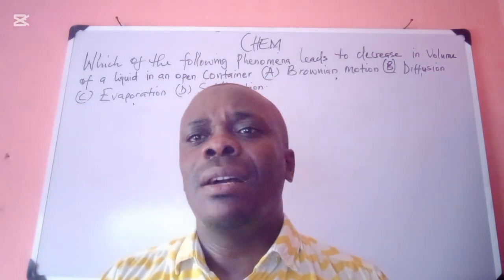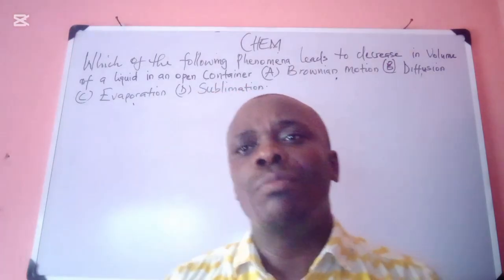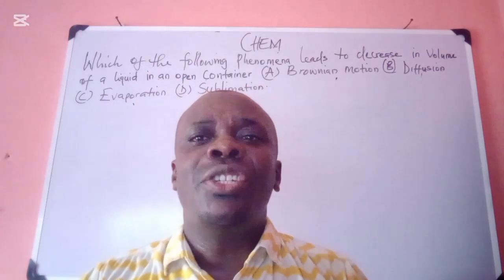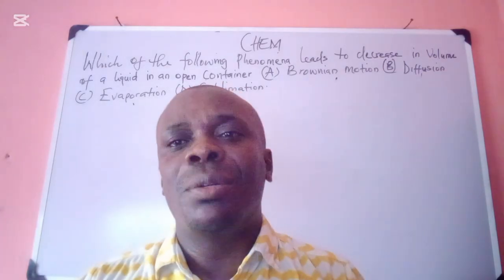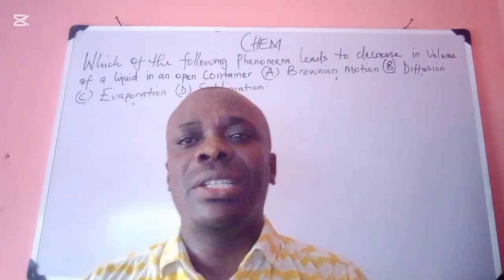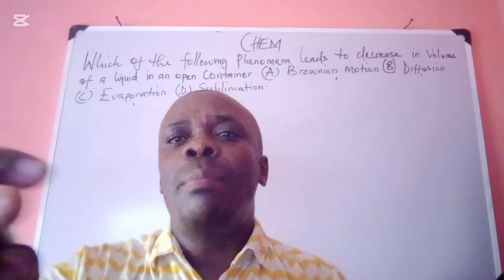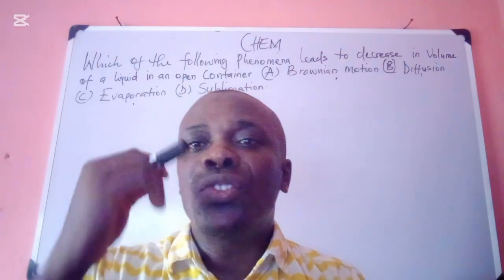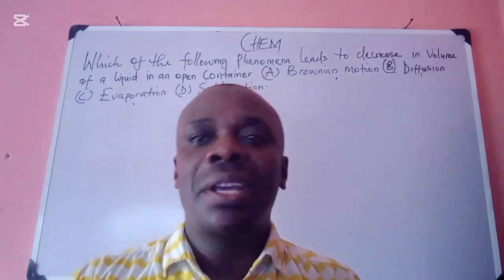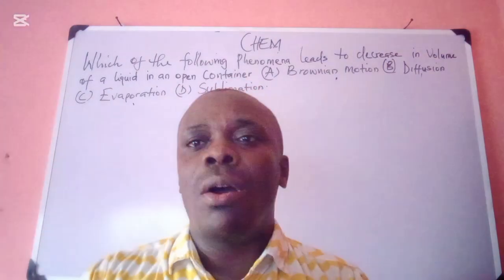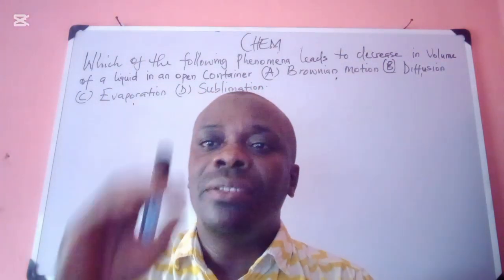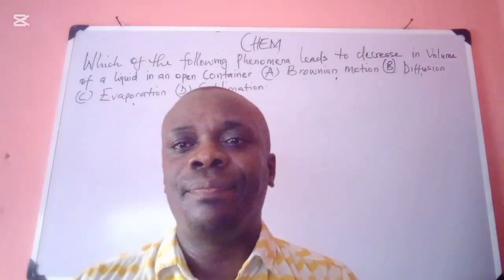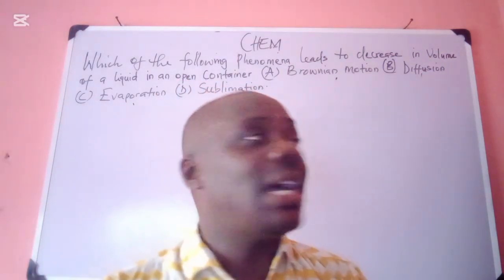We can see that all of them involve gaseous movement, and we want to look at each of them based on the phenomenon or the movement of the gaseous particles, to help us identify the particular one that brings about the reduction in the volume of water in the container. So let's go in and look at it.